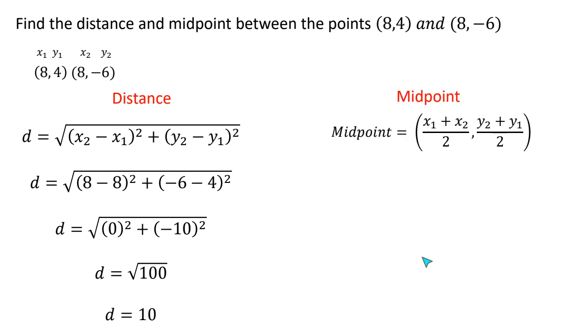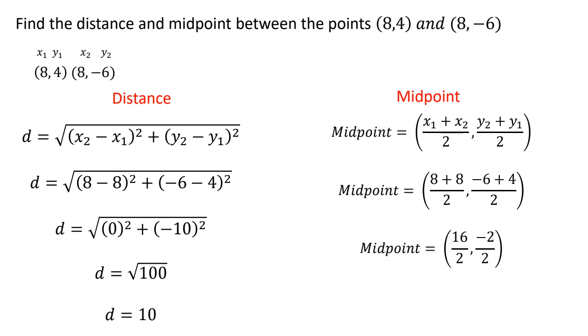And then the other thing that we want to find is the midpoint. So this is your midpoint formula. So we're still going to use the same points and plug them into our formula here. So we're going to end up with x1, which is 8, plus x2, which is 8, divided by 2, and y2, which is -6, plus y1, which is 4, divided by 2.